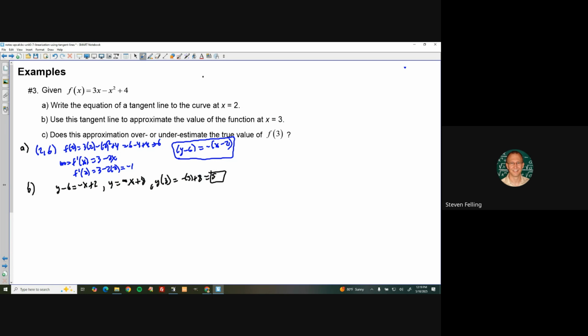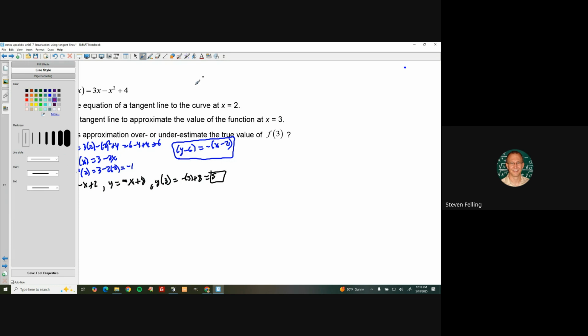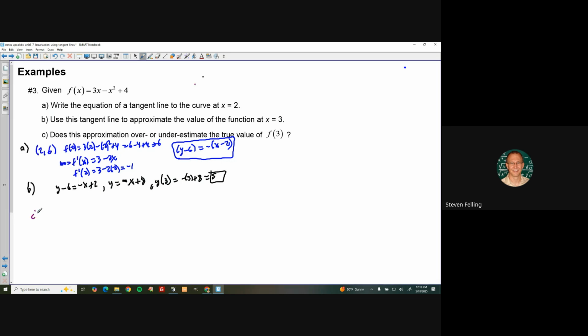And then for over or underestimation, I'm going to take the second derivative. So for the second derivative, that is the derivative of this, which is negative 2. So f double prime of x is negative 2. And therefore, f double prime at 2 is negative 2 and is less than 0, which means that f is concave down.